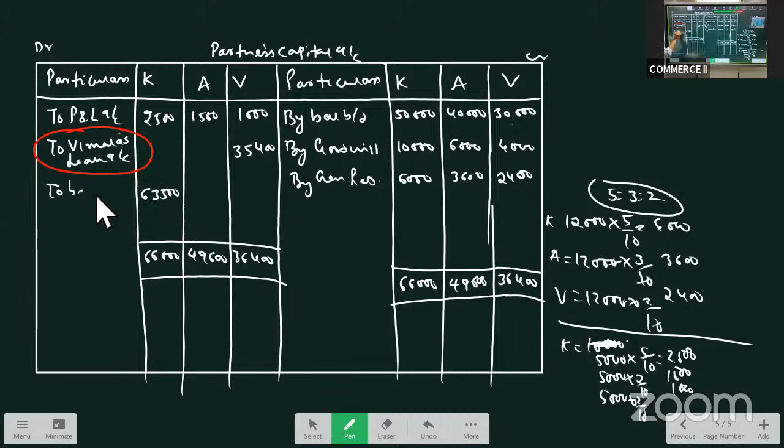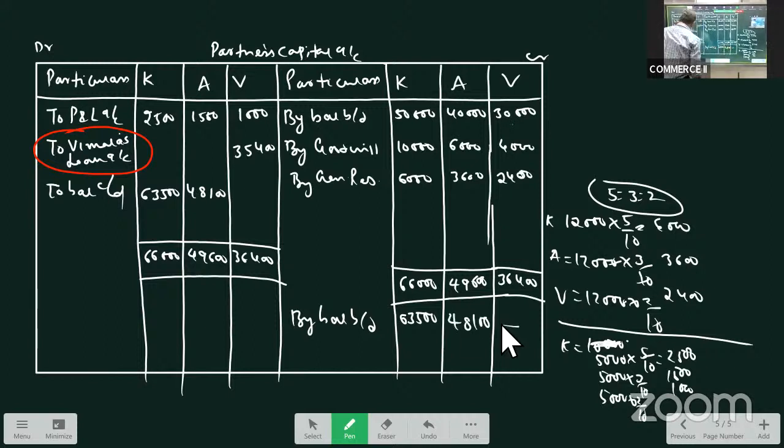This is the closing balance of capital of the continuing partners. We write the balance as by balance brought down 63,500 and 48,100. This is how we arrived at the opening capital balances of the continuing partners.